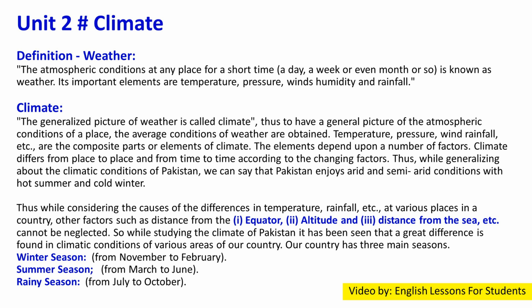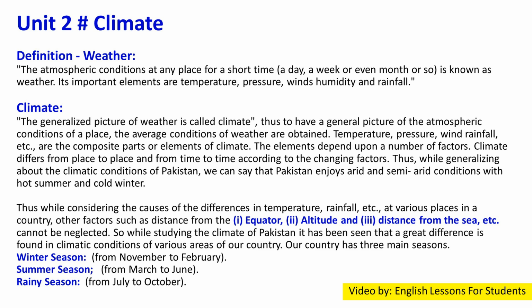Thus, while considering the causes of the differences in temperature, rainfall, etc., at various places in the country, other factors such as distance from the equator, altitude, and distance from the sea, etc., cannot be neglected. So, while studying the climate of Pakistan, it has been seen that a great difference is found in climatic conditions of various areas of our country.